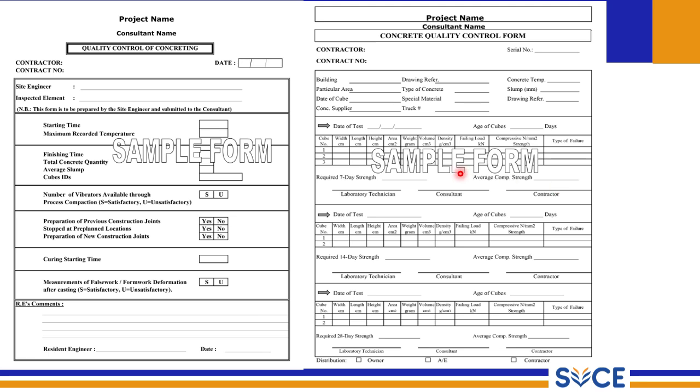Length, width, height, area, compressive strength, and then type of failure. All those things are mentioned here for different time periods. Since it is concrete, we need to measure the strength at 7, 14, 21, and 28 days. Only then can we say the quality has been appropriately maintained.